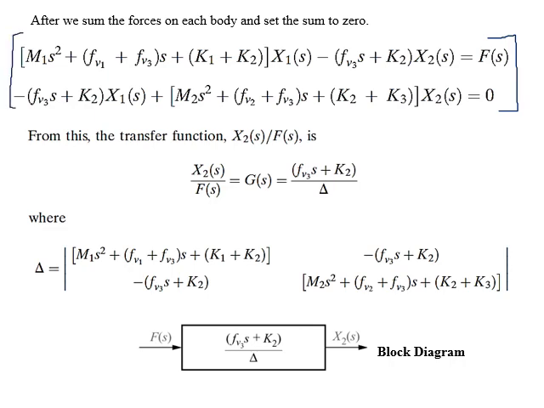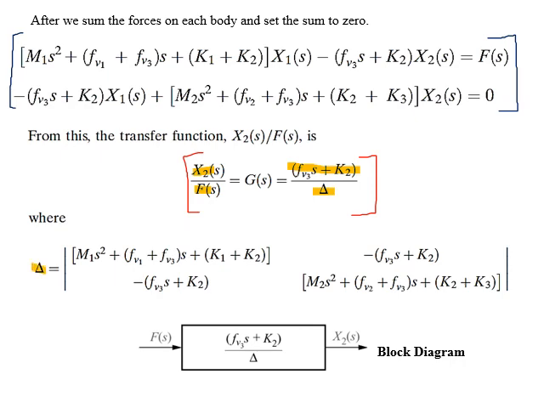Here again, every student has a choice to choose which method suits them. In this example, we have used Cramer's rule, and our desired transfer function is x2 of s over f of s equals rho v3 s plus k2 divided by del, where del is defined below.